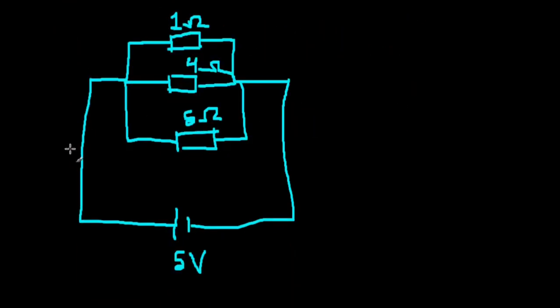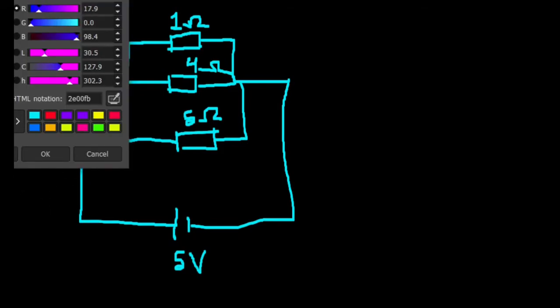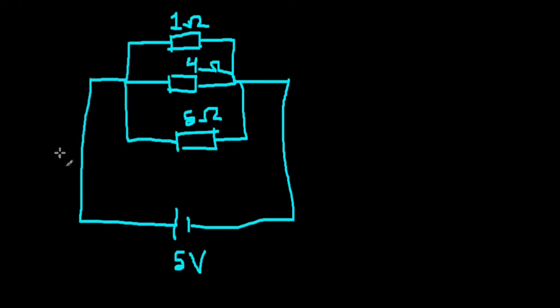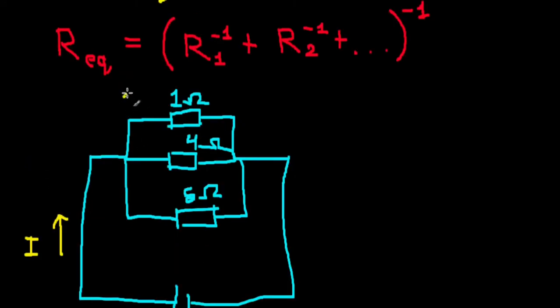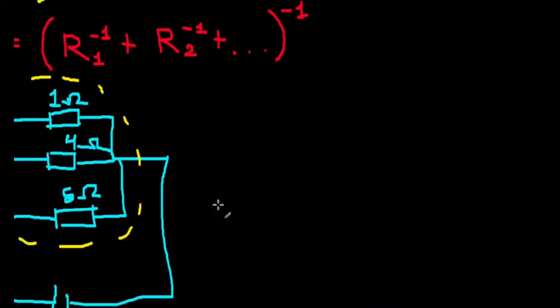Basically, same as last time, we need to find the current that's being provided by the battery to the whole combination. For that we can convert this to an equivalent resistor.